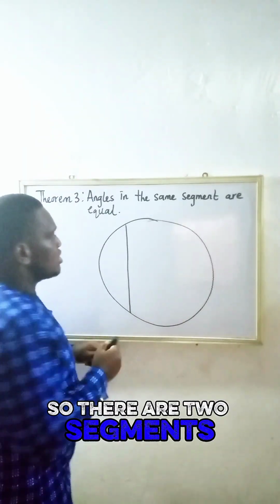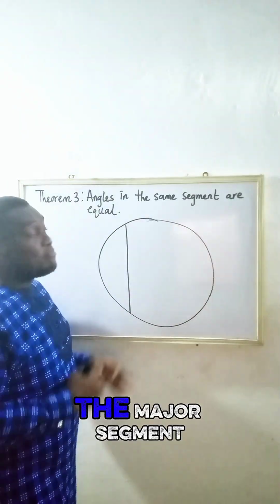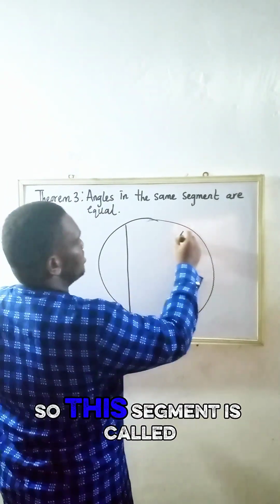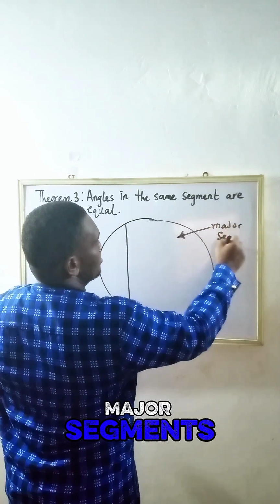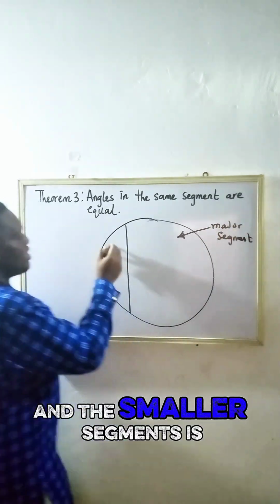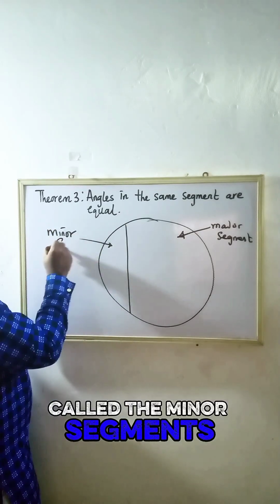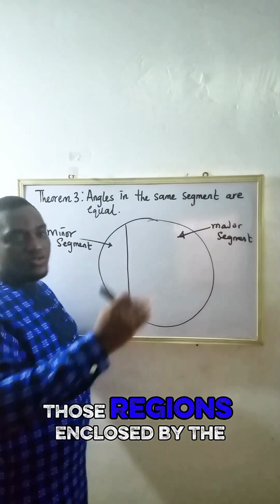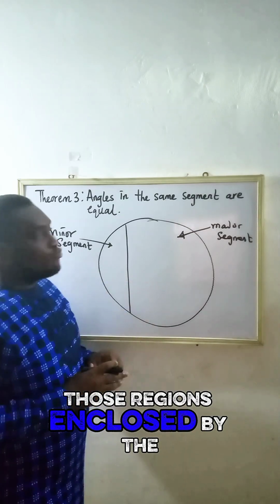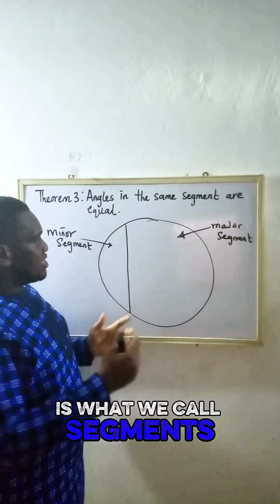We have the bigger segment, or we otherwise call it the major segment. And the smaller segment is called the minor segment. Okay? So those regions enclosed by the chord and the arc is what we call segments.